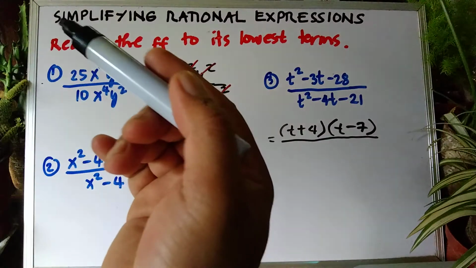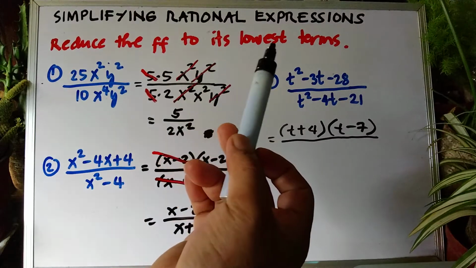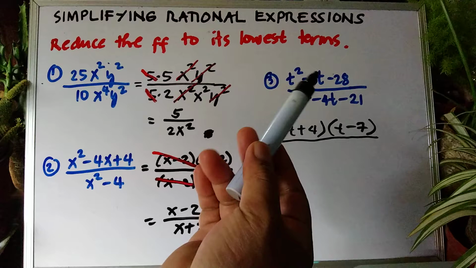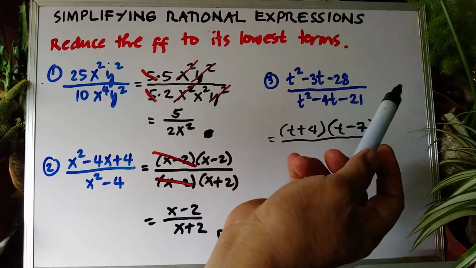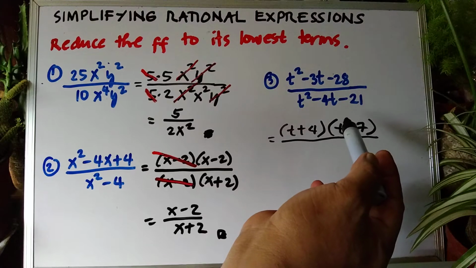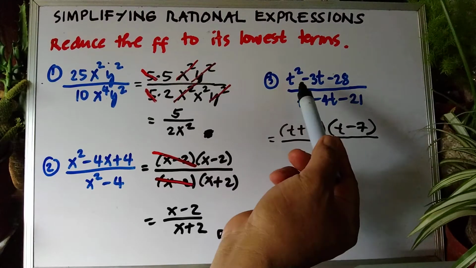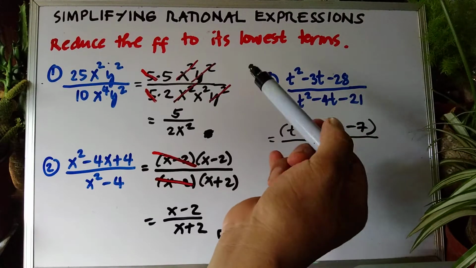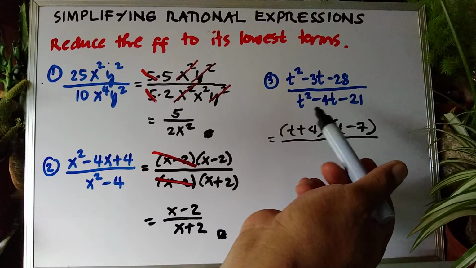Again, class, in our factoring, especially when it comes to a general quadratic trinomial or the trial and error method, you really first need to look at the last term, especially if the leading coefficient of the trinomial is 1. So you look at the last term and then try to find the factors. Okay?